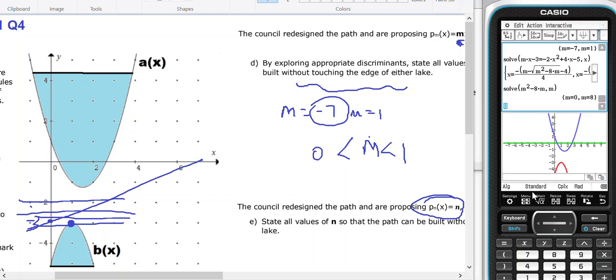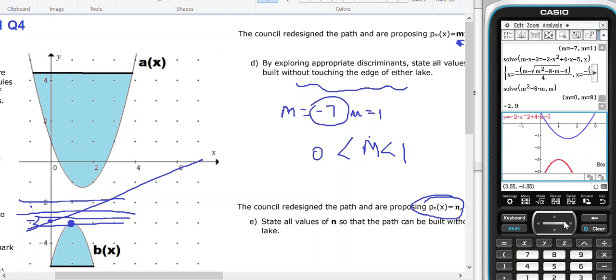So -3 will be too low. So I'd like -2.9. And that's going to be, okay, so it's going to be above. -2.9 is good. I'd like to find what this y coordinate of the turning point is.